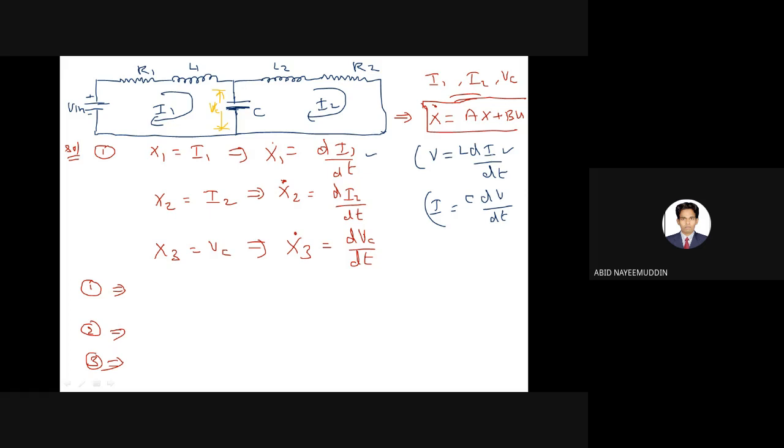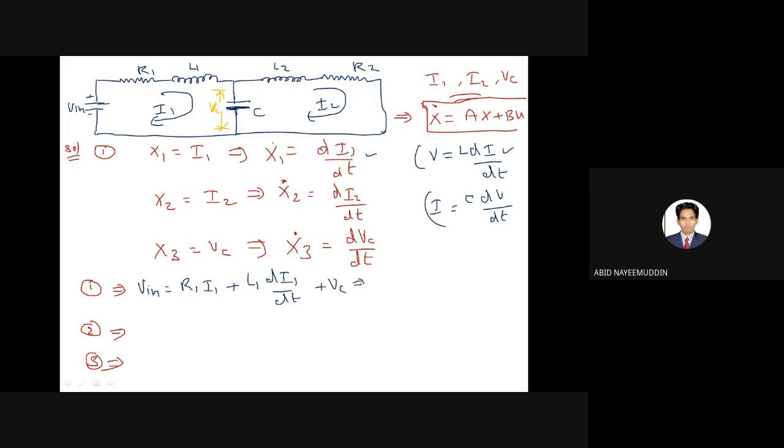So to get L into di1 by dt, I am writing the KVL for loop 1. Then you will get Vin is equal to R1 I1 plus L1 di1 by dt plus directly Vc.